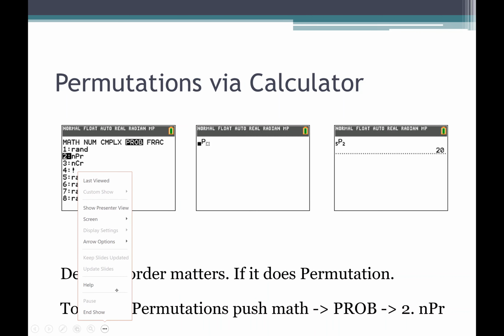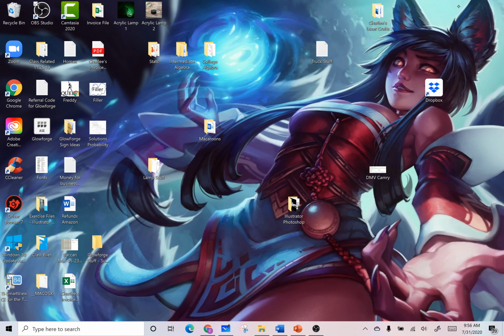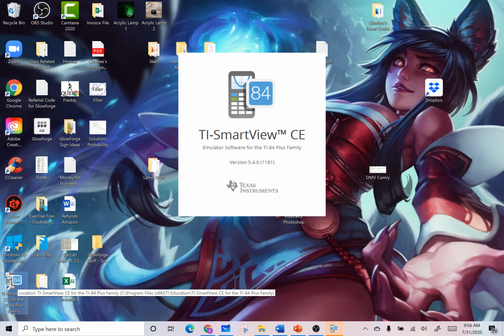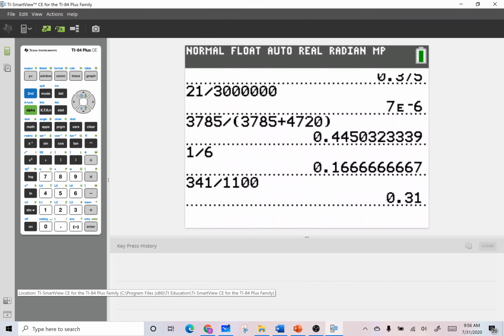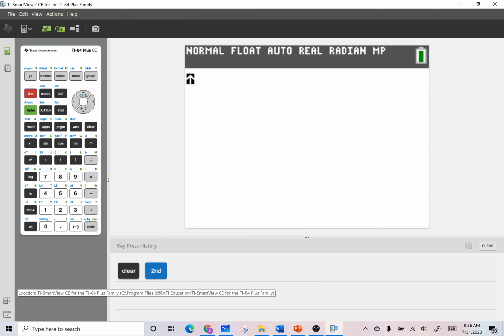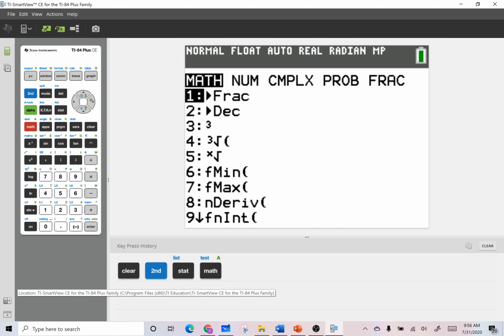Since I have access to a computer, what we can do, let me find my calculator real quick. Okay, so you push math.